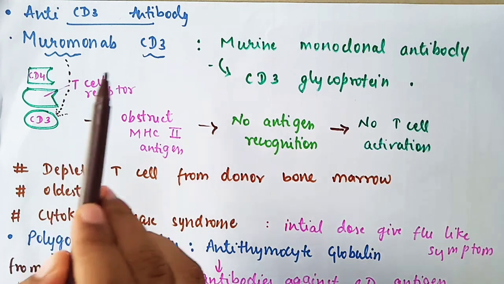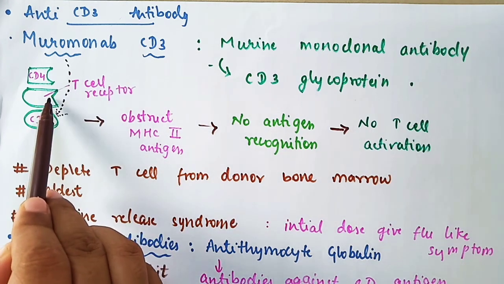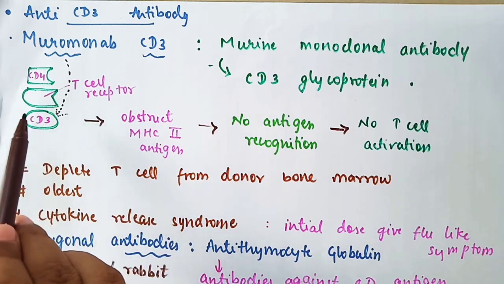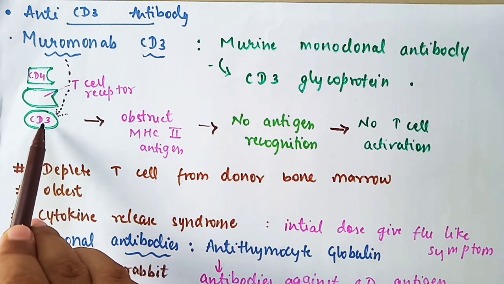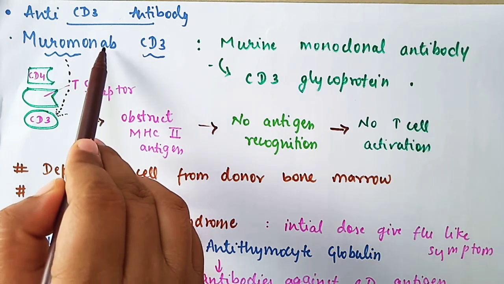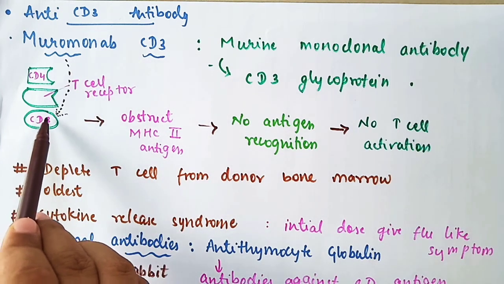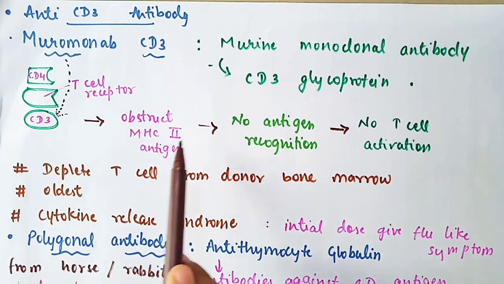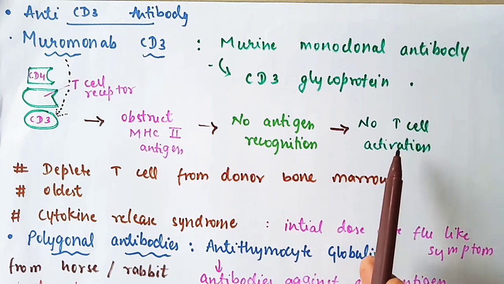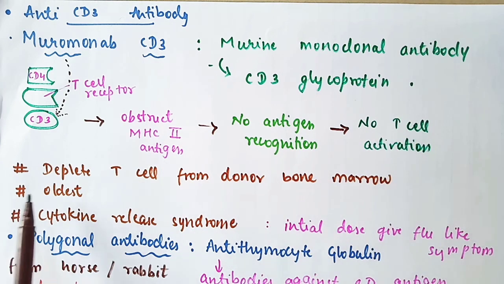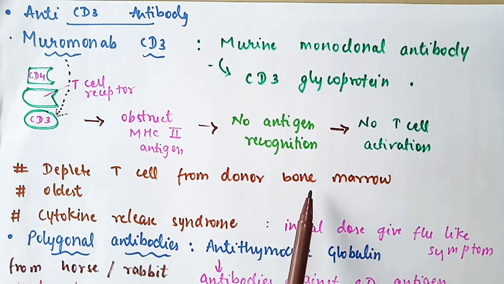As we have seen already, when MHC2 is bound to T cell, then activation of T cell occurs. Since no MHC2 binds to this, because of the attachment of muromonab to CD3, no antigen recognition and no T cell activation and no immune response. Basically, they deplete the T cell from donor bone marrow.